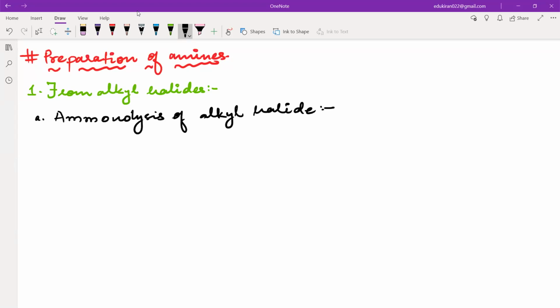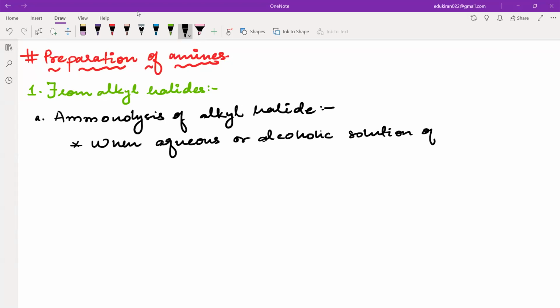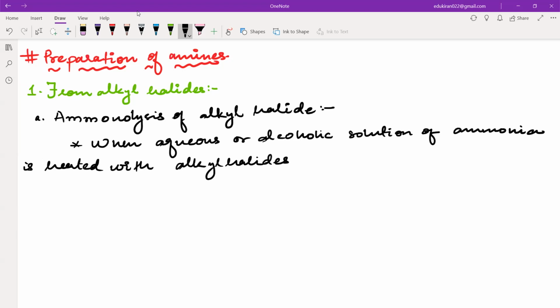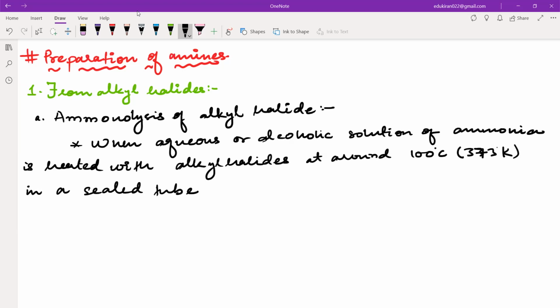Please write: when an aqueous or alcoholic solution of ammonia is heated with alkyl halides at around 100 degrees Celsius, that is 373 Kelvin, in a sealed tube, then all three types of amines are obtained.